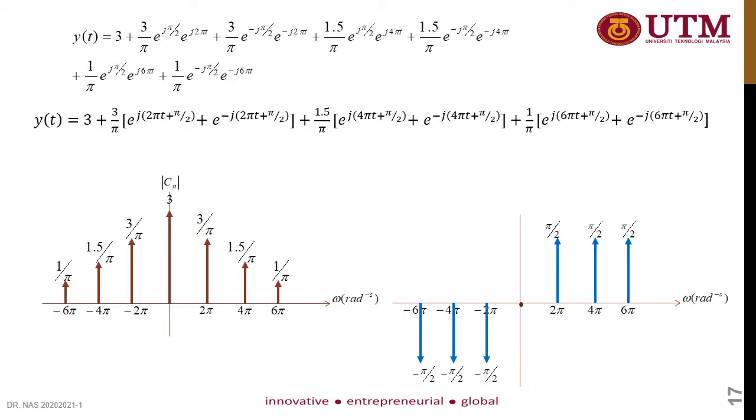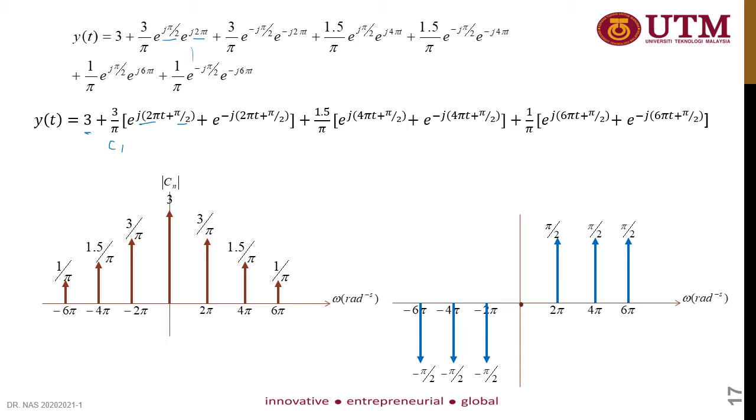Okay, once you have completed the equation, you can simplify it by grouping terms based on the frequency. Okay, so this is the C naught, this is the C1, both positive and negative values. Okay, this is when you have positive frequency, and you have positive phase shift.